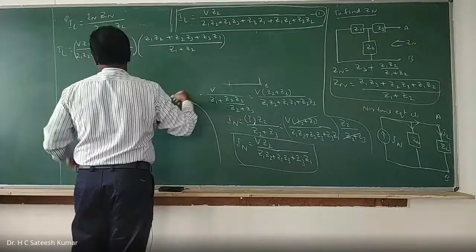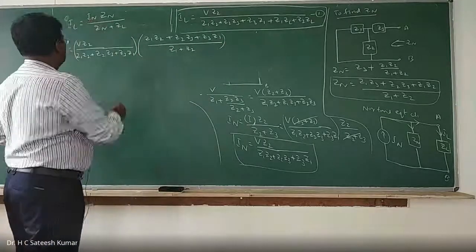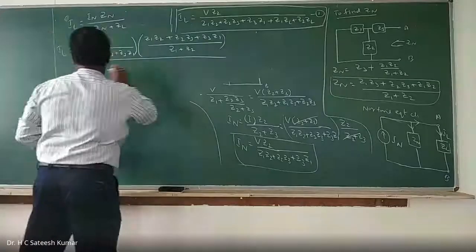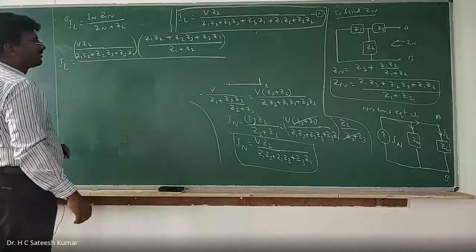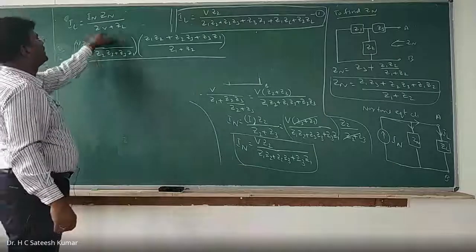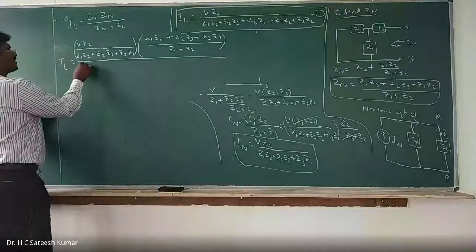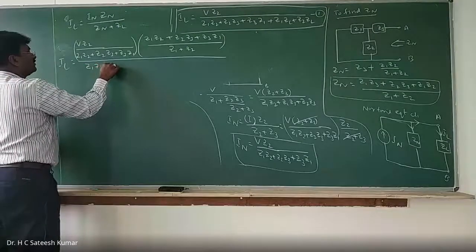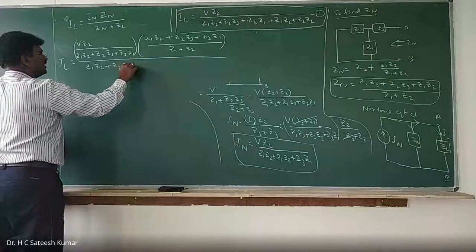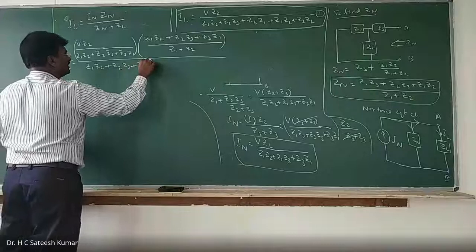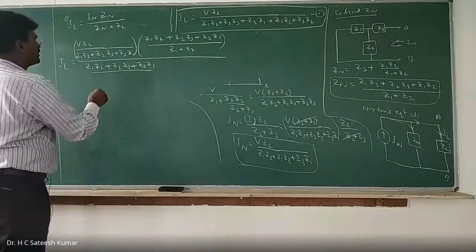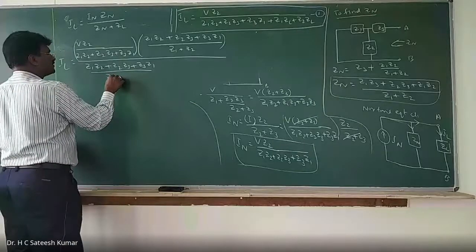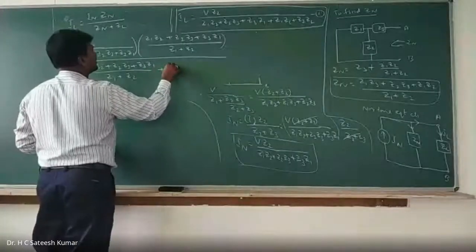This is your IN into Zn, the whole divided by Zn plus ZL. Zn is nothing but Z1 Z2 plus Z2 Z3 plus Z3 Z1 whole divided by Z1 plus Z2, plus ZL.